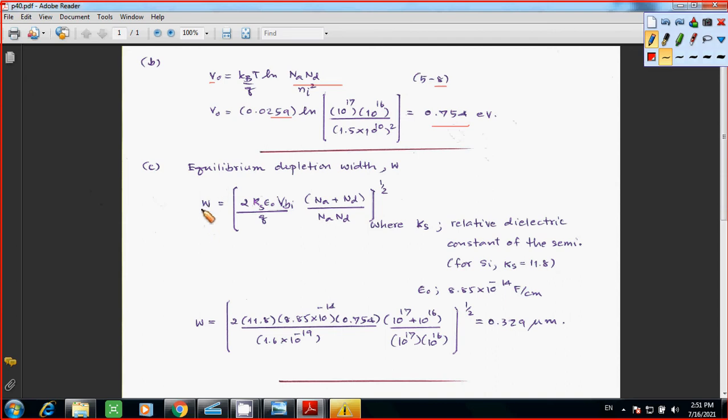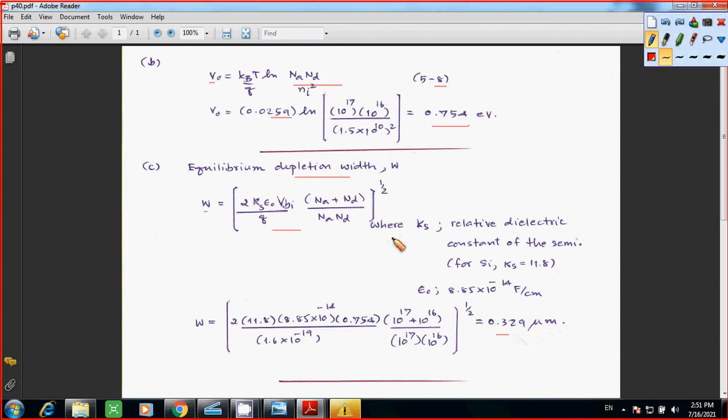For part C, I ask you to find the depletion width W, which I will explain later. The depletion width W is equal to this expression, and you end up with W equal to 0.325 micrometer.